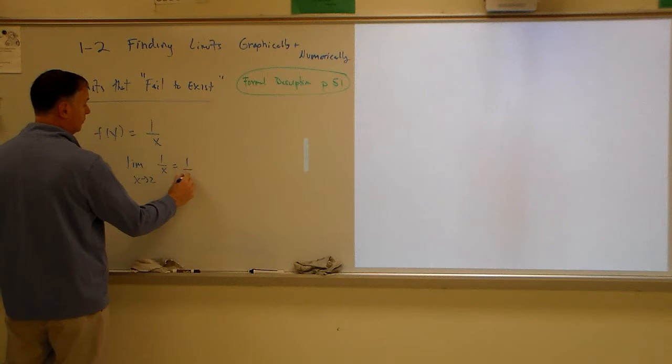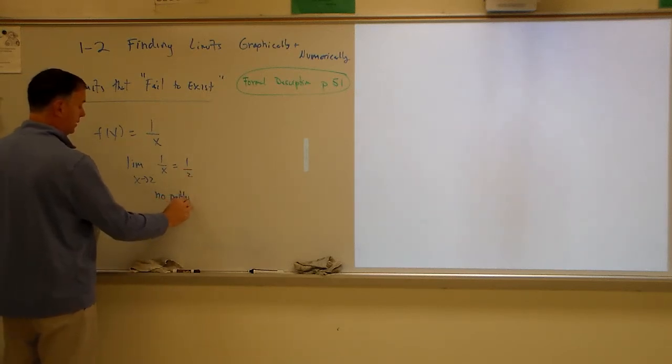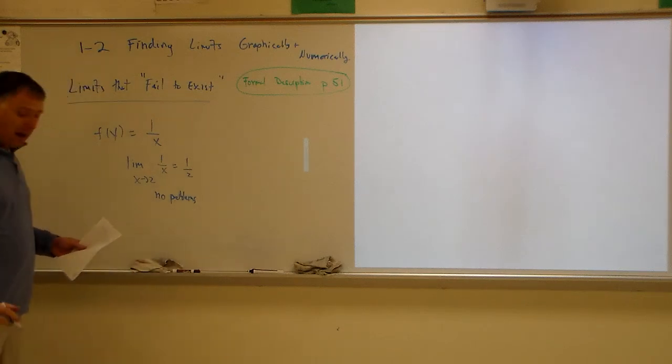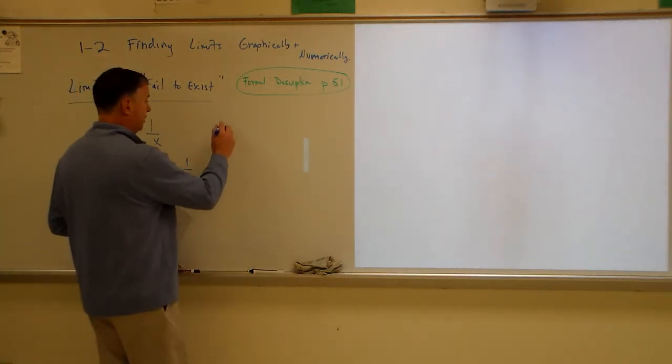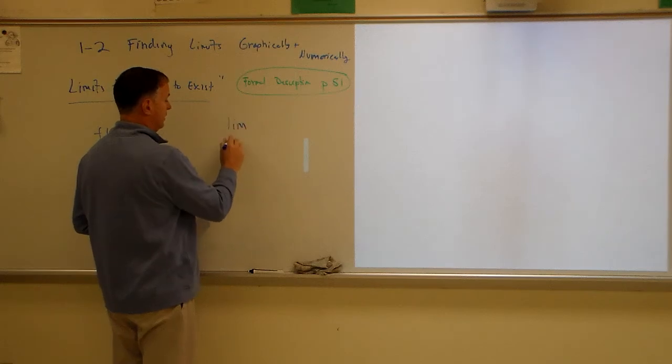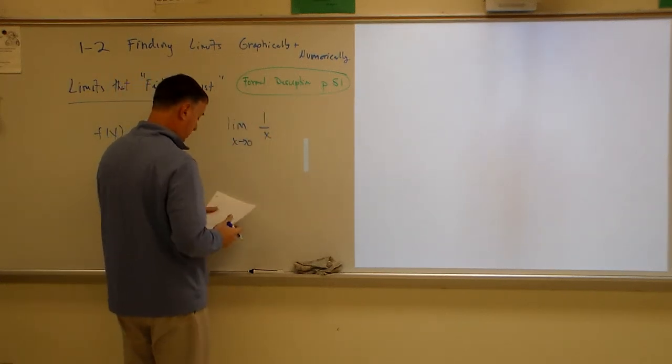No problem. No problems here. Nothing to see. Okay? The problems come in when I have it approach a different number. So this is an example of a limit that doesn't exist. Let's say I had the limit as x approaches 0 of 1 over x.